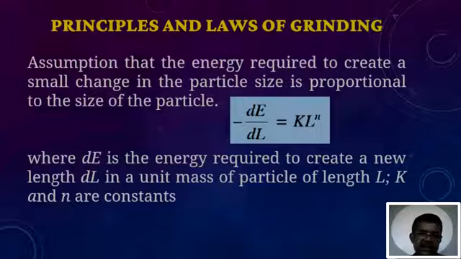Here dE represents the energy required to create a new length dL in a unit mass of particle of length L. Here K and n are constants which can be determined by different experiments. Also, for the laws we will be assuming certain ranges of values for K and n, which can be seen in the slides which are coming.